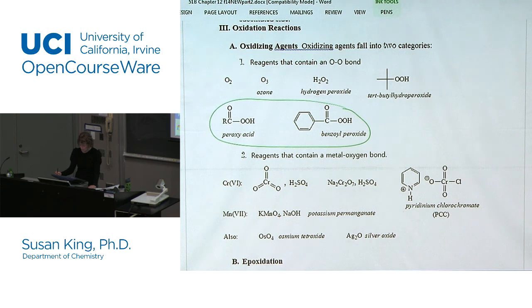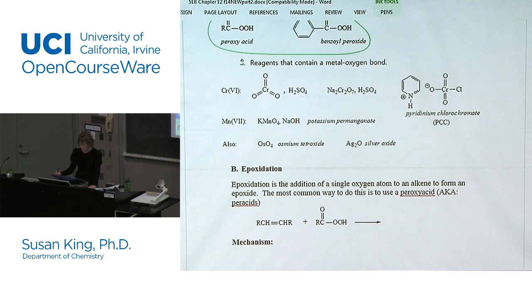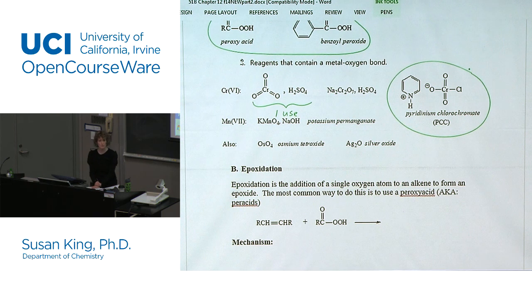And then reagents that contain a metal-oxygen bond would be the second type, chromium reagents. So we have this. I will be using this. This is another form of that. Na2Cr2O7, sodium dichromate, is interchangeable. This is the one I use. I use this one. I also use this one. PCC is one of those famous reagents that you're going to use a lot. So this is an important one. I also use this one. KMnO4, sodium hydroxide, we will also use that one too.